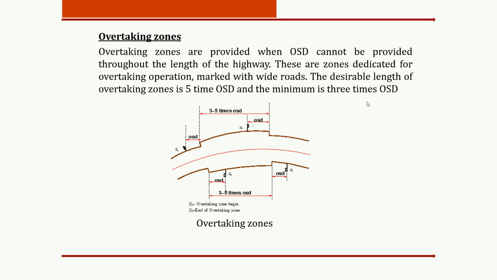These are the zones dedicated for the overtaking operation, marked with wide road, and the desirable length of the overtaking zone is 5 times the OSD and the minimum is 3 times the OSD. In this figure you can see the design of one overtaking zone.